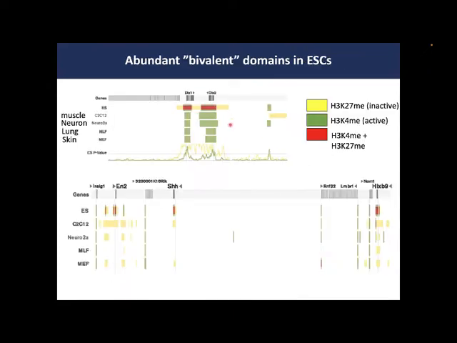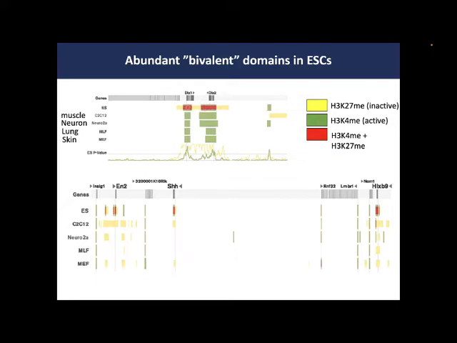And then they found something interesting when they used embryonic stem cells. These embryonic stem cells have very specific characteristics because they compared the histone markers, active and inactive. So the yellow region marks the active region, and the green region marks the inactive region.